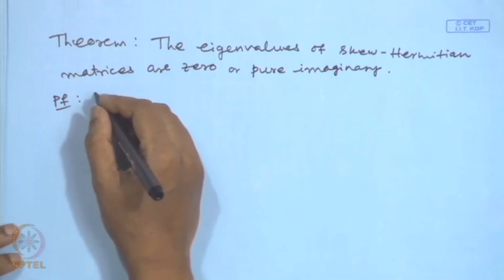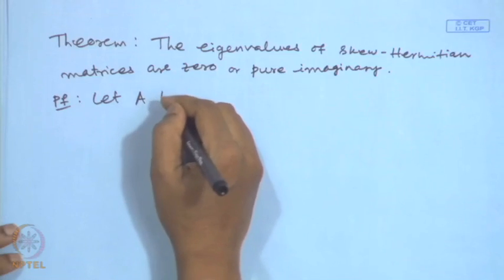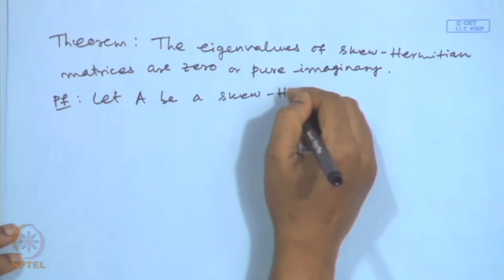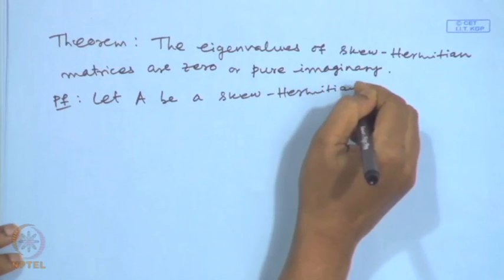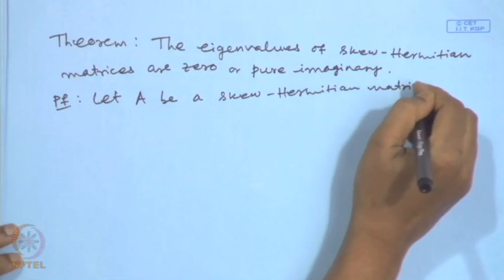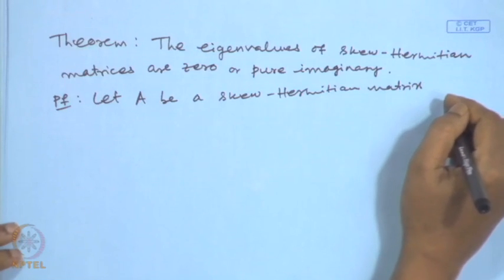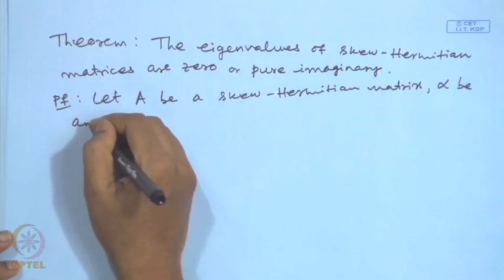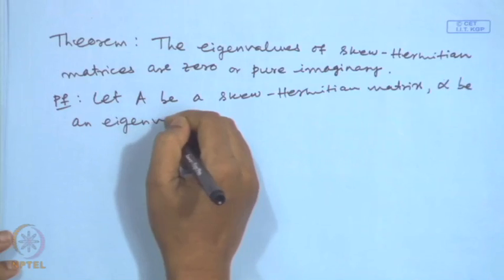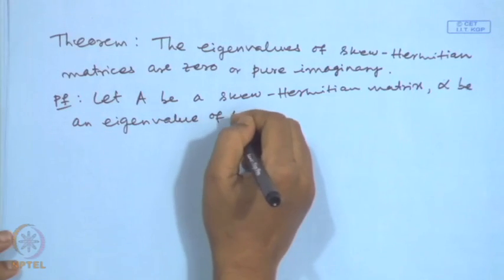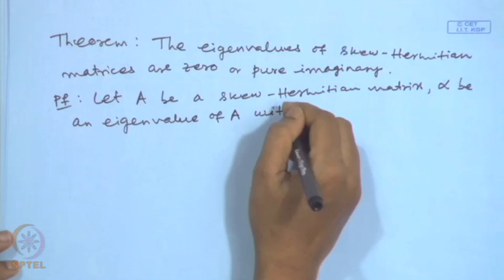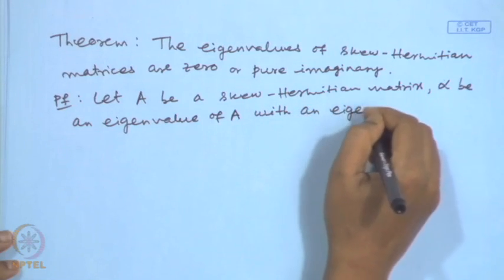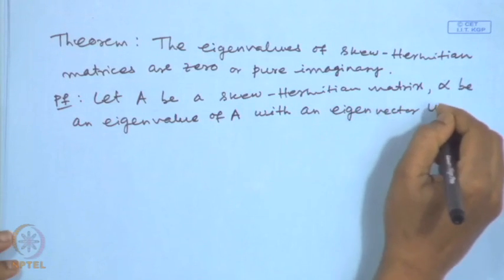So, let us consider A to be a skew Hermitian matrix, and alpha an eigenvalue of A with an eigenvector u.